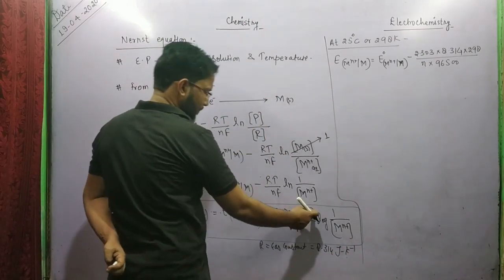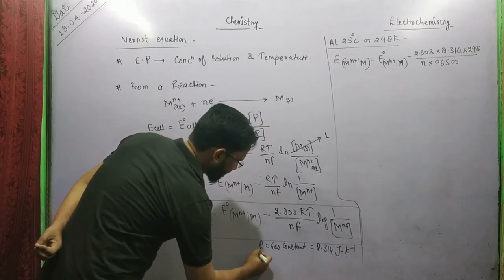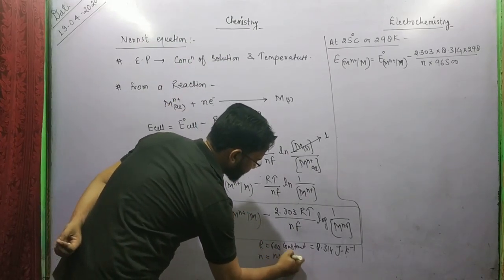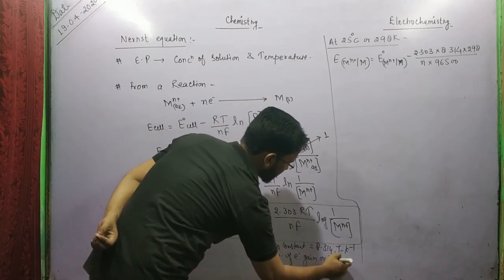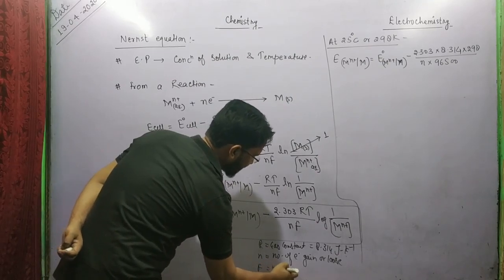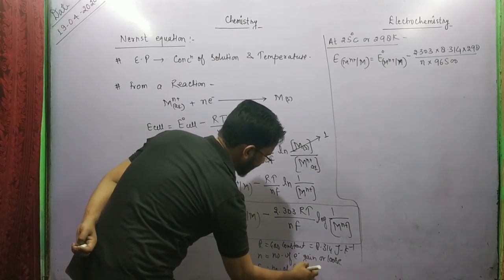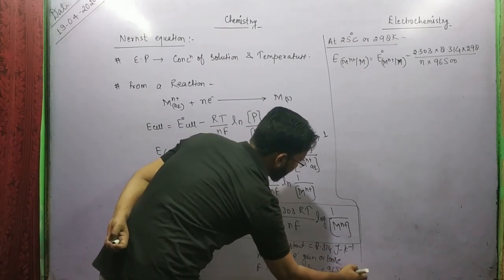T is temperature in Kelvin. n is the number of electrons gained or lost. And the last term is F, the Faraday constant, and the value is 96500 coulomb.